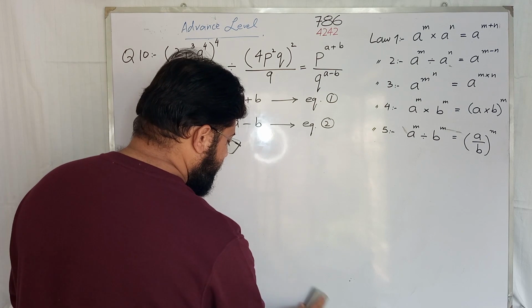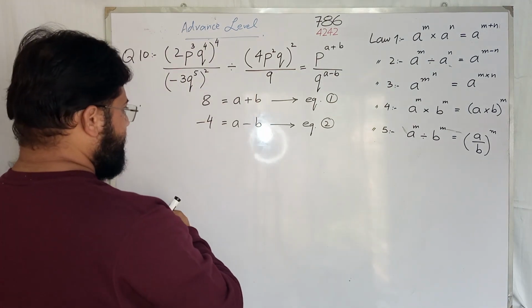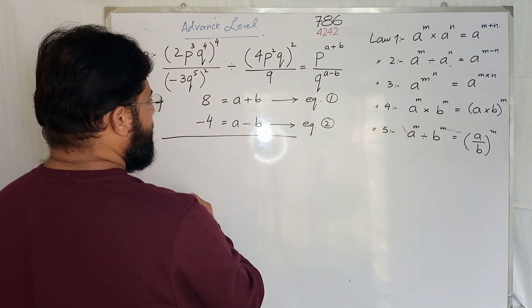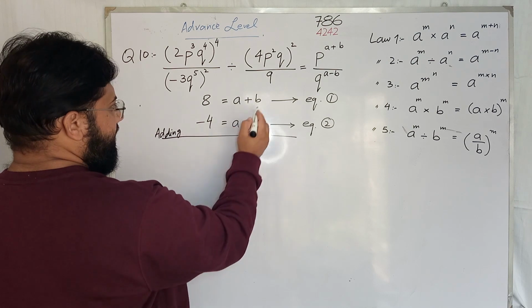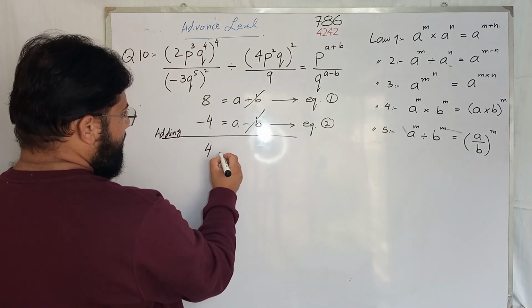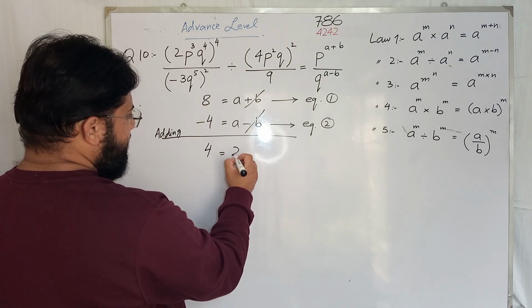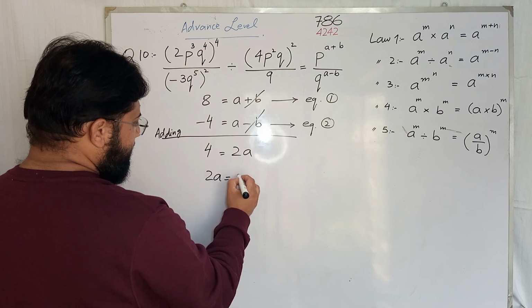So from this we can conclude that from this simultaneous equation, if I add up equation 1 and 2, 8 minus 4 is 4 and A plus A is 2A. From here I can get 2A is equal to 4.